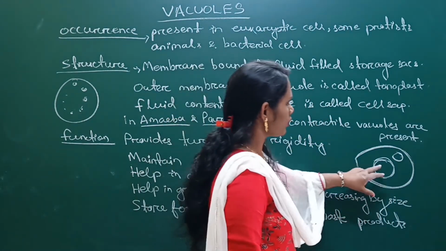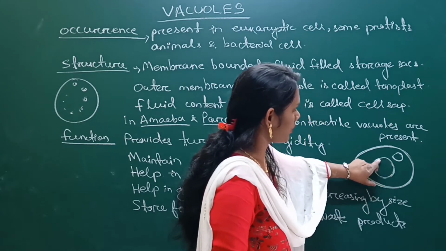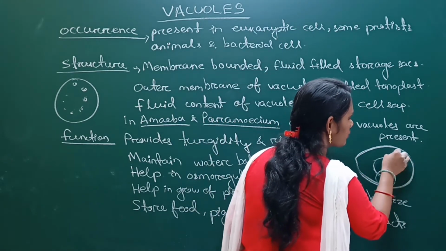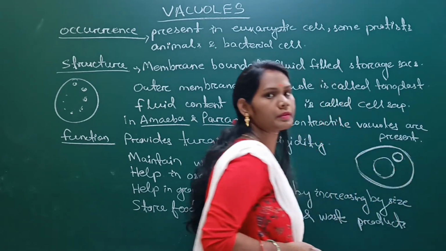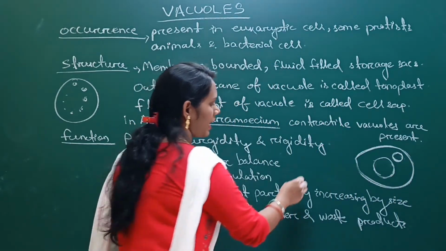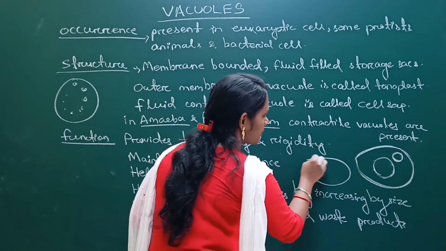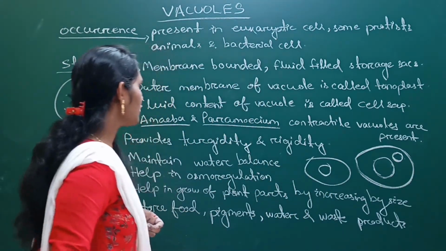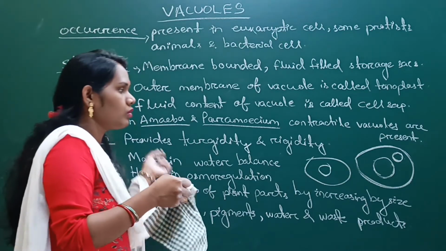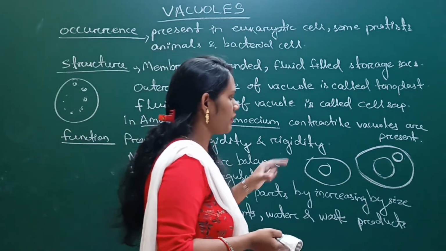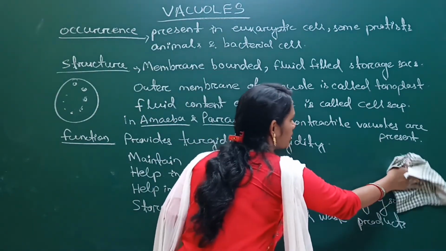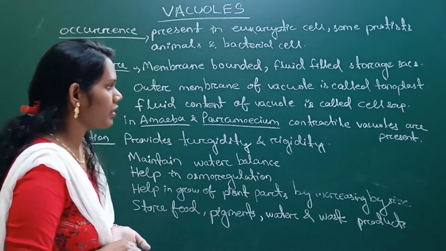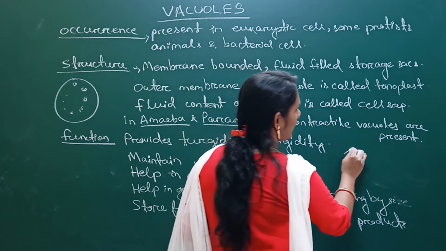In an animal cell the nucleus is present in the center position. Okay, so vacuoles play a major role in providing a peripheral position to the nucleus. Next, the outer membrane of the vacuole is called tonoplast.